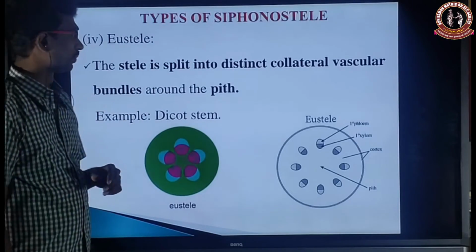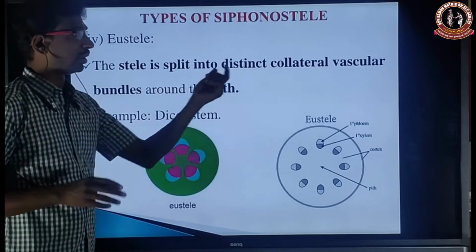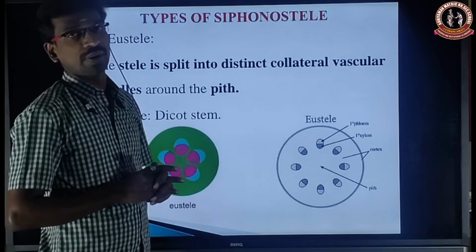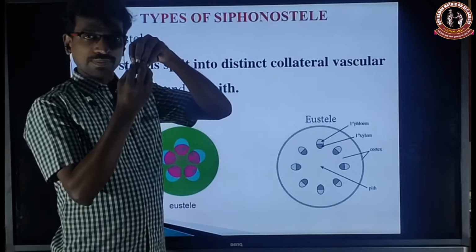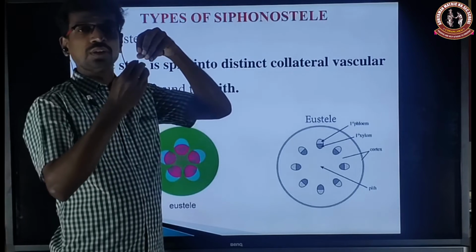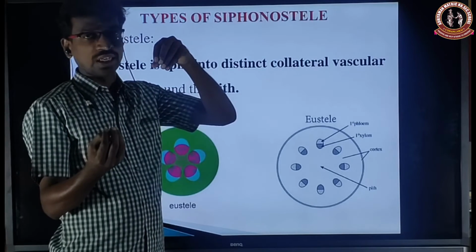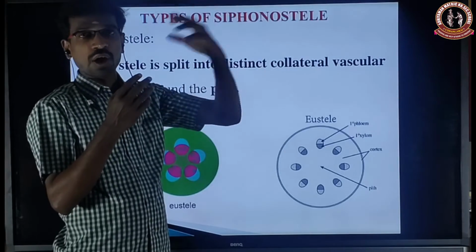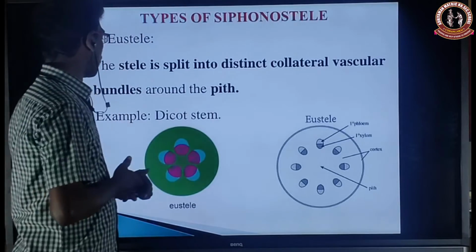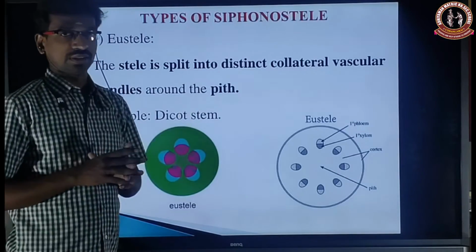Eustele. The stele is split into distinct collateral vascular bundles. So what is a collateral vascular bundle? The xylem faces toward the center of the stem, root and the leaf. The phloem faces toward the periphery, that means outside. That is a collateral vascular bundle around the pith.